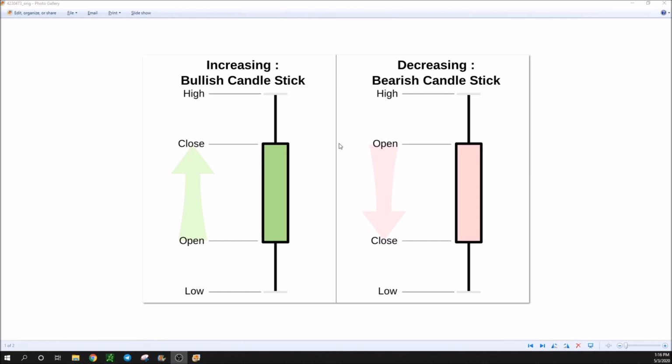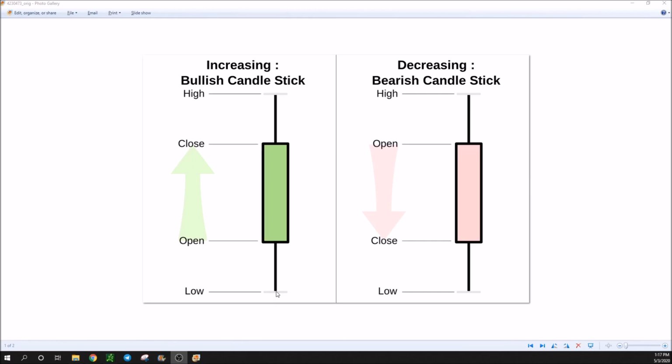All right, looking at the bullish candlestick. Bullish is always going up. So what this means is, let's say at 9:30 Eastern time when the market opens, a stock opens at this price point. Then, in that first minute, the stock dropped to this low point.